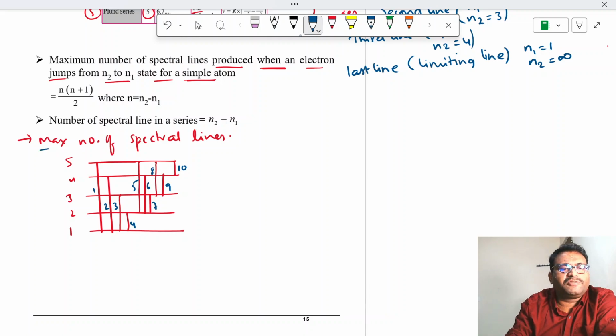So the maximum number of spectral lines is given by the formula n(n+1)/2, where n is equal to n2 minus n1. Here n2 is 5, n1 is 1.